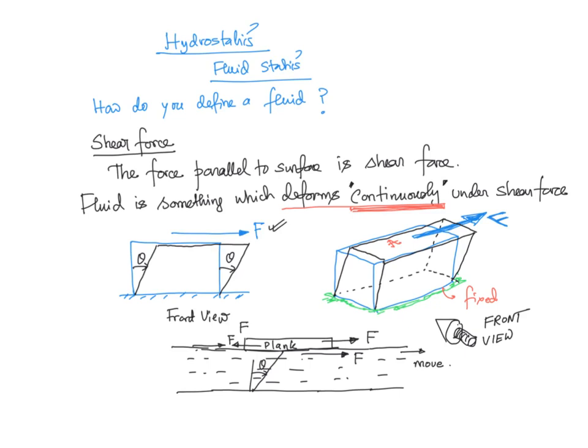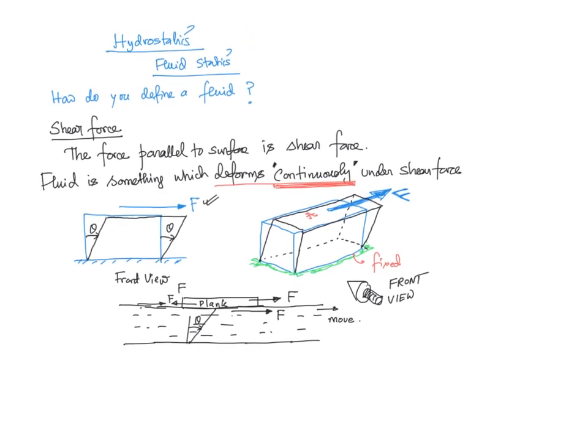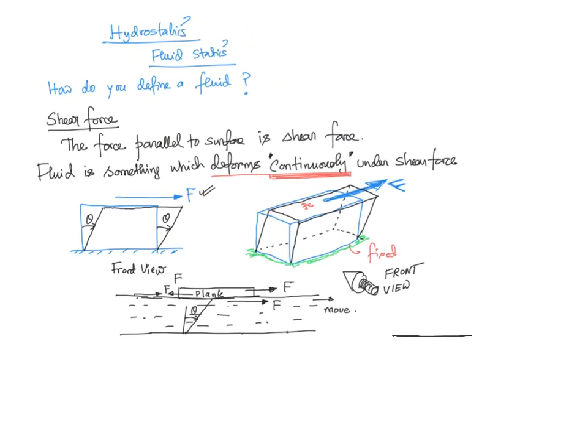Or rather, you can forget about the plank and just think in this way. Suppose this is some water or some liquid, and on the top surface you apply some tangential forces. So the water will keep on flowing.